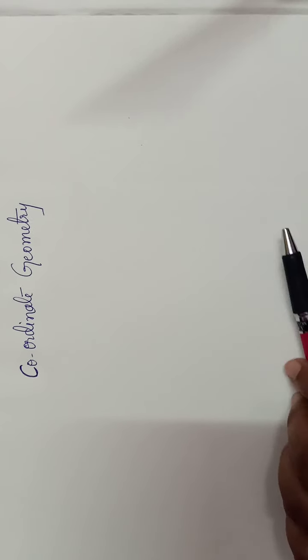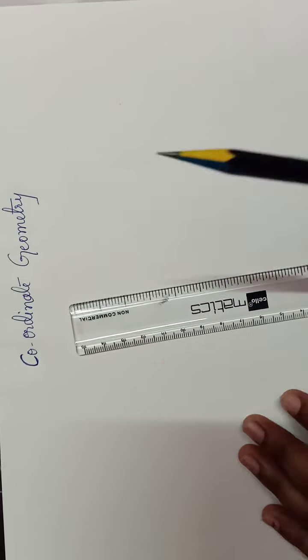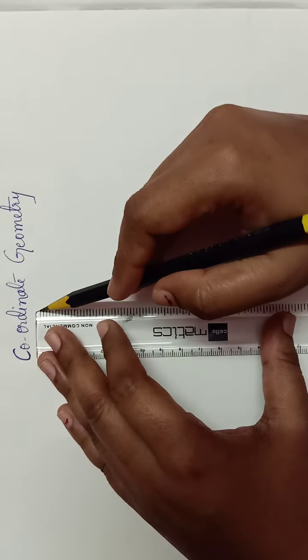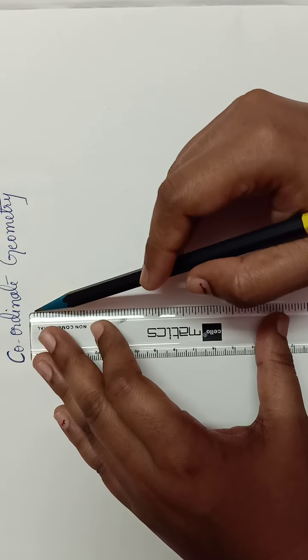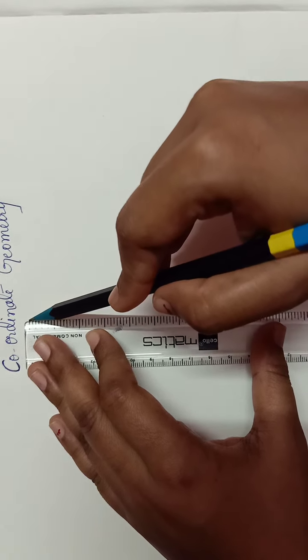In coordinate geometry, you will study the plane getting divided into 4 quadrants with the help of 2 axes. The vertical line, you can see I am using a sharp pencil and a proper scale for drawing it.